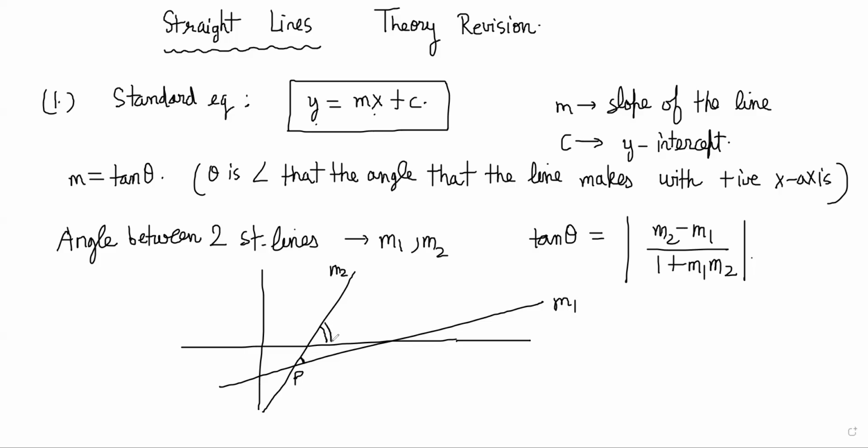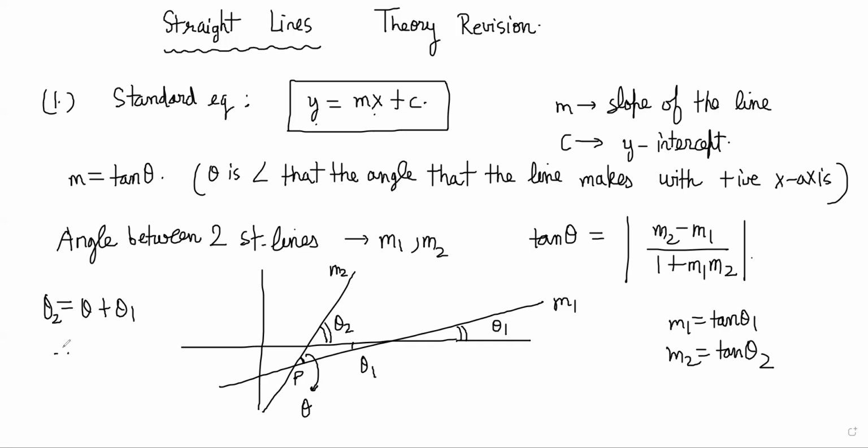But we know already that this is angle theta 2, and this angle is theta 1, where m1 is tan theta 1 and m2 is tan theta 2, right? Now, automatically, we can see that this angle is theta 1 by vertically opposite angles. And you can say that theta 2 is equal to this angle theta plus theta 1. So therefore, you're getting theta is equal to theta 2 minus theta 1.